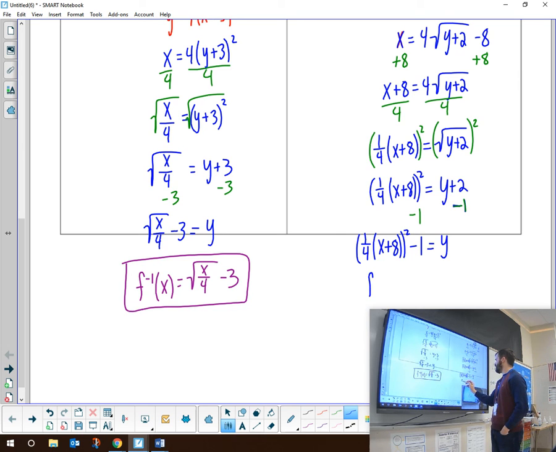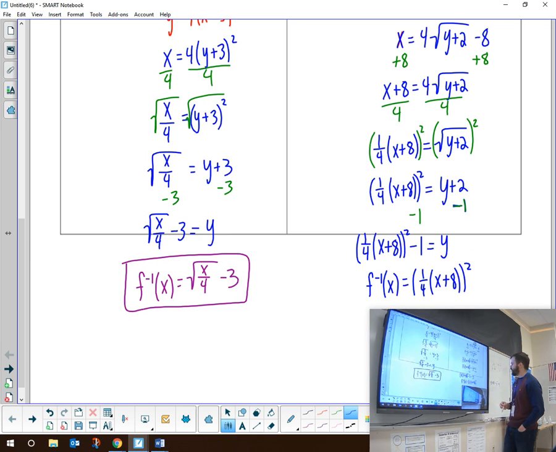So it's going to be f to the negative 1 of x equals 1/4 times x plus 8 squared. And we're going to say this is when x is greater than or equal to negative 8. Because that's what we started with up here.